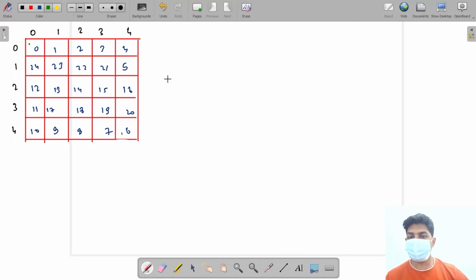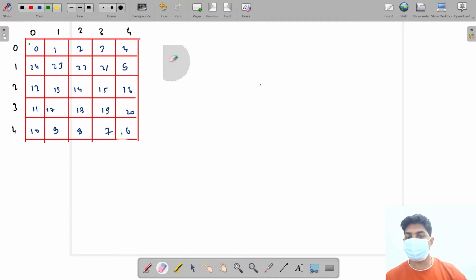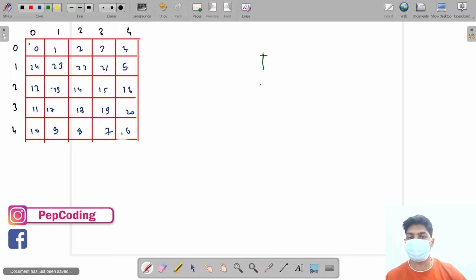There are some constraints: if we are at a cell, then we can swim to 4 adjacent blocks, but we should be inside this grid only, so we can swim to the 4 directionally adjacent cells. And the value in this cell represents something. Suppose you want to travel to this cell, it means that the height of water level in this cell is 13.